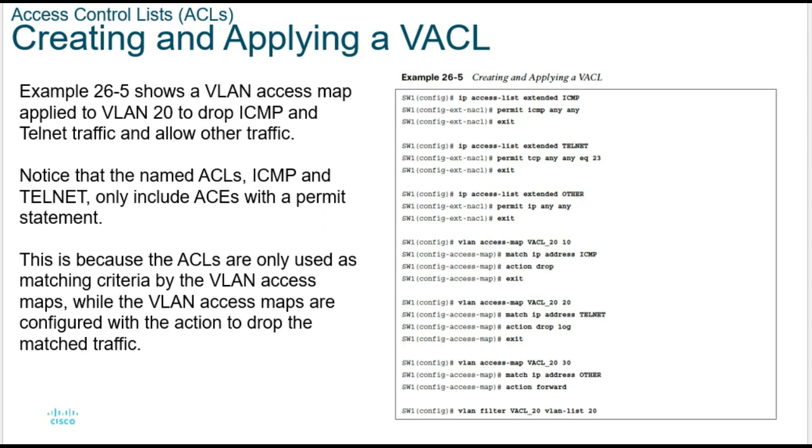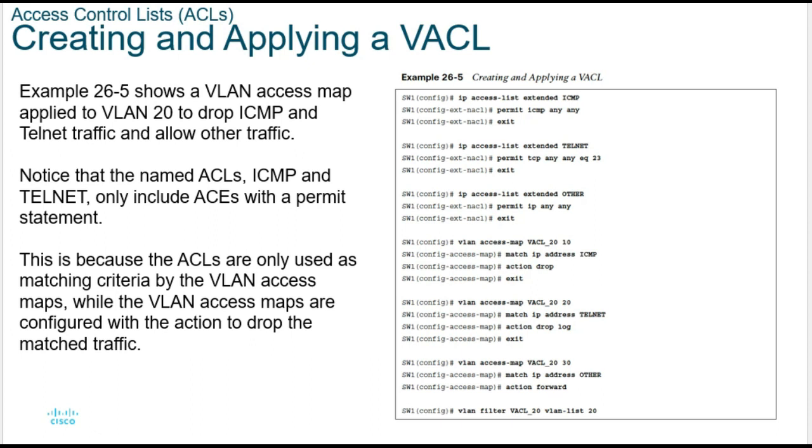Next, we create a VLAN ACL. So for example, here, VLAN access map VACL20, and we want to match the IP that is set in the access list called ICMP. That means we want to match any ICMP traffic.